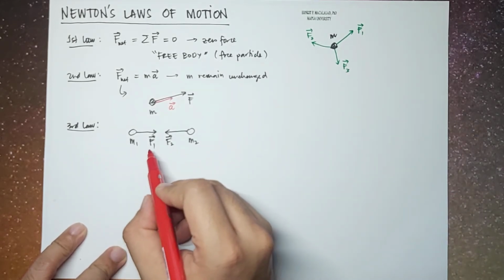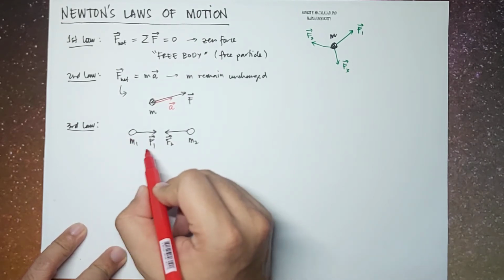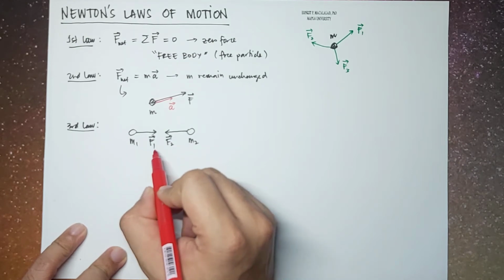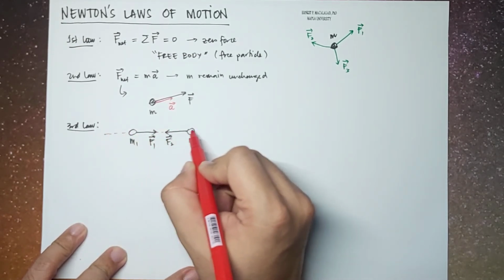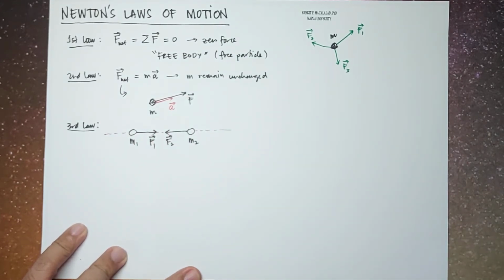So in this case, F1 and F2, this interaction between M1 and M2, follows Newton's third law if the two forces are acting along the same line.